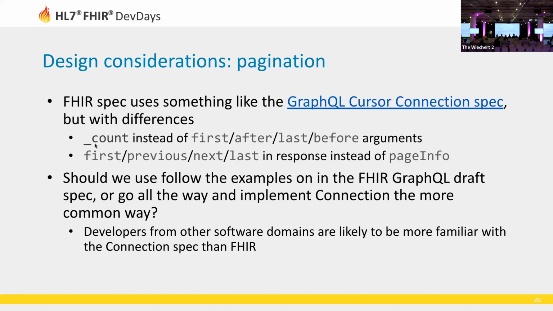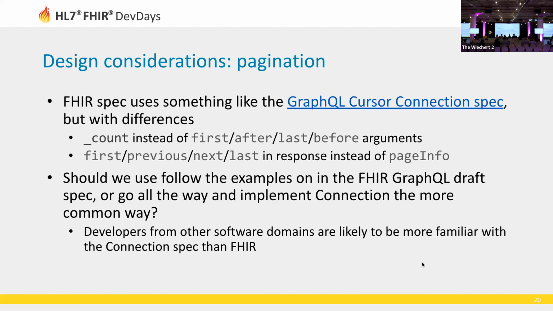The FHIR spec uses different parameter names, _count, whereas the GraphQL cursor connection spec uses first, after, last, before. Also, the GraphQL spec for FHIR puts first, previous, next, and last at the top level of the parameters, whereas the GraphQL cursor connection spec has a special element called page info, which contains all of the pagination data.